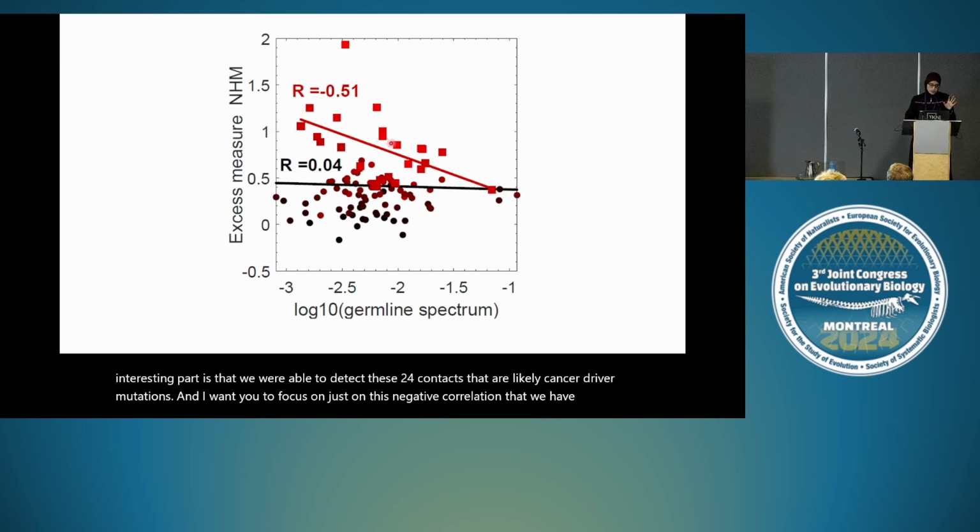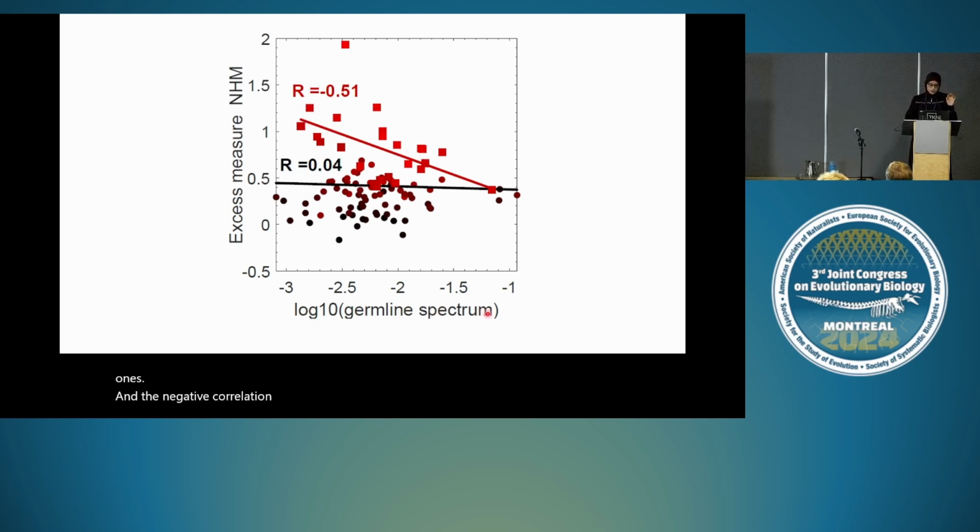The squares here represent the potential cancer driver mutations in the different contexts, the 24 ones. And the negative correlation here is between the germline spectrum and this axis measure, which represents how strongly positively selected this context is.